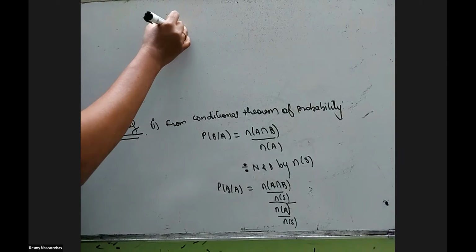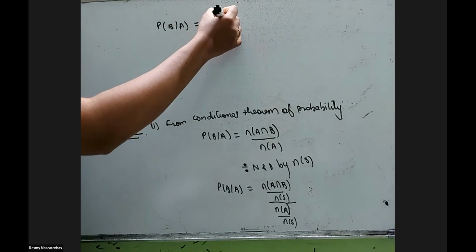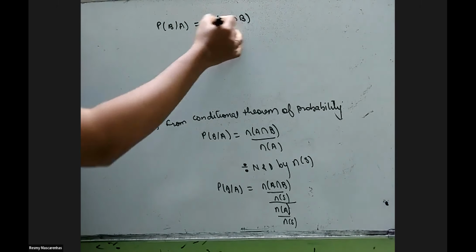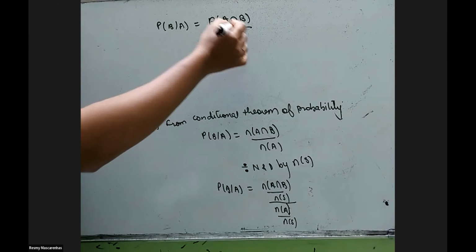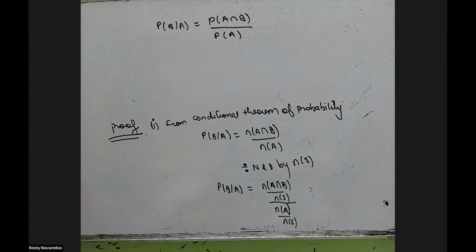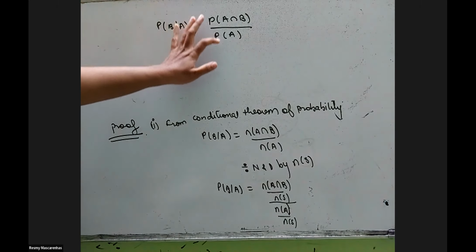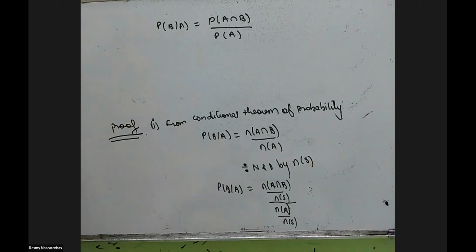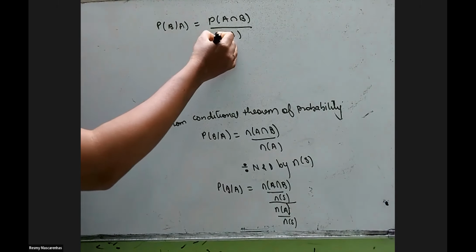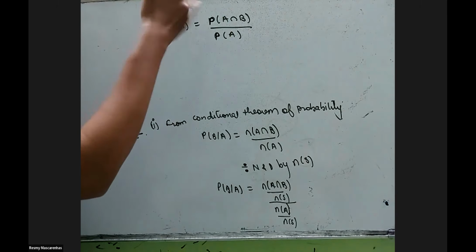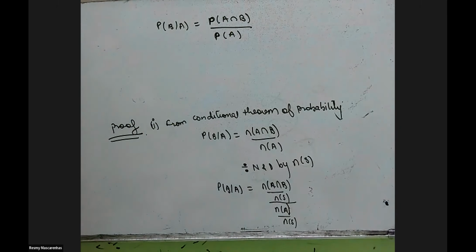So P of B upon A is equal to P of A intersection B upon P of A. It's the same formula. So whether I write N or P, the formula will not change. Whenever I need N, I will use N; whenever it is given in terms of P, I can use P also. No one will cut marks, because n of S anyways gets divided.